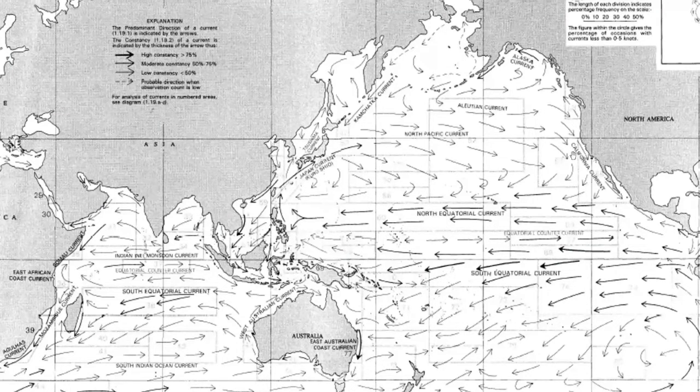And then the California current will connect to the North Equatorial current, and then connects to this current here in the coast of the Philippines. And then it will again connect to the Kuroshio. So it is also a clockwise direction.